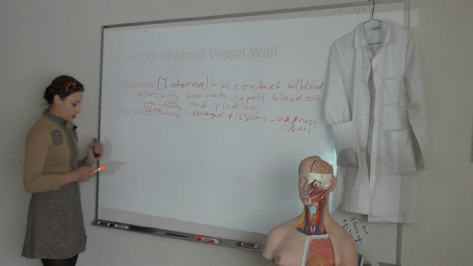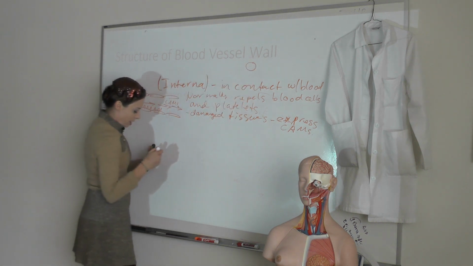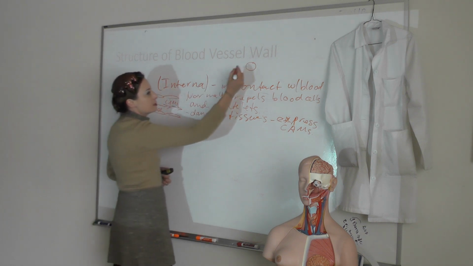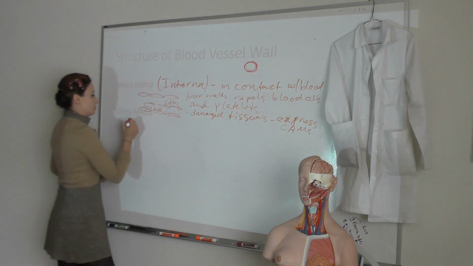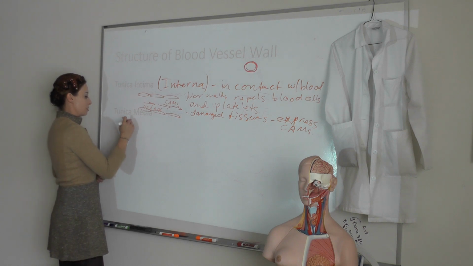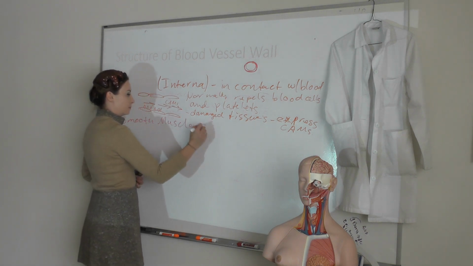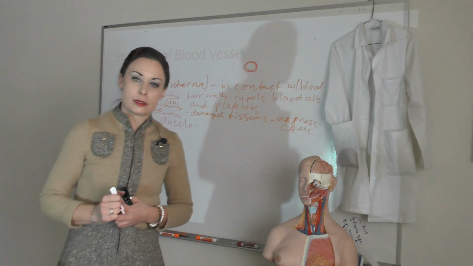What else? So next, our next layer, so this is our innermost layer here if we're looking at a cross section. Our next layer is called the tunica media, and this is smooth muscle. It's the thickest layer in our arteries. This layer is the layer that responds to the vasomotor center.